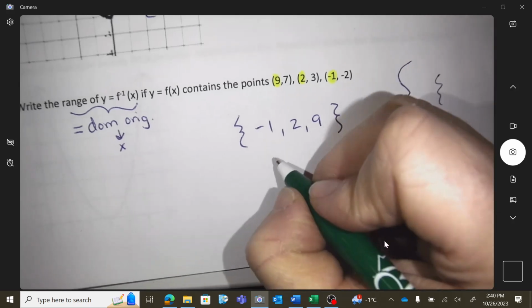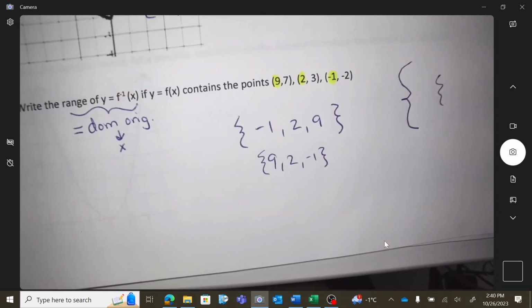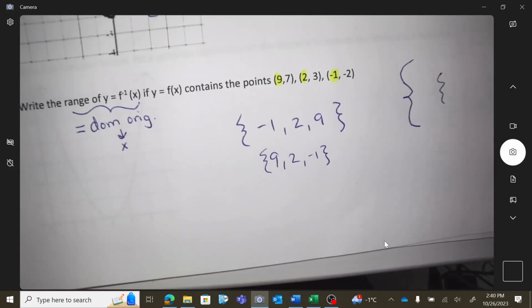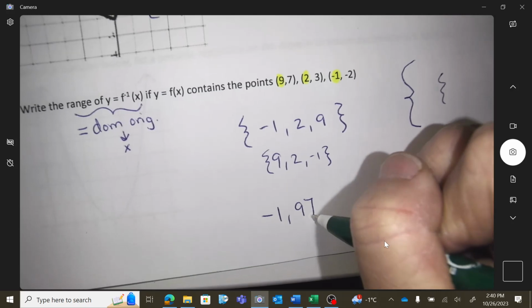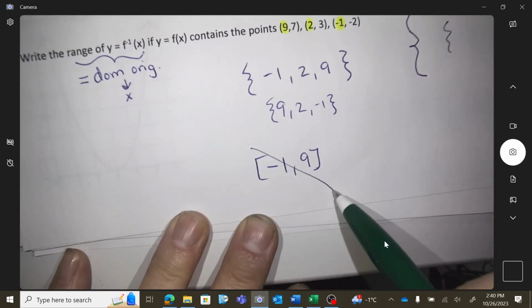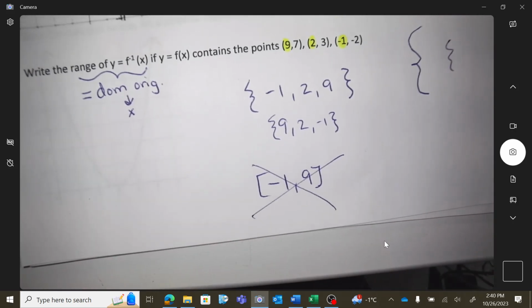If you wrote me 9, 2, and -1, would I mark you wrong? No. If you write me, this is the most common mistake. People write from -1 to 9. This is wrong. Because when you write that, it means you're including every single number between that zone. And you're not. You're just this number, and this number. That's it.